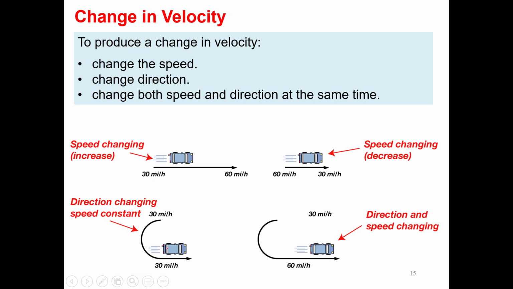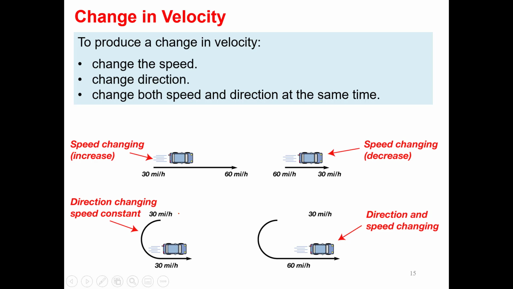The other way we can change the velocity is when we change the direction. When we are moving the steering wheel to the left or to the right, we are changing the direction of the velocity of our car. Even if the value of the velocity is the same, the speed is the same, if we change the direction, then we are changing the velocity.